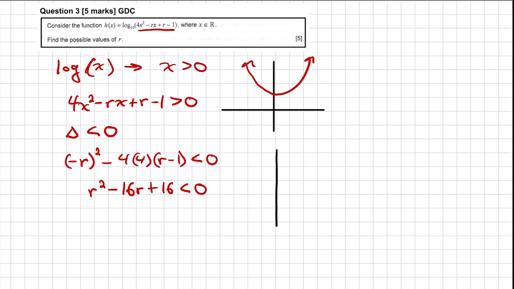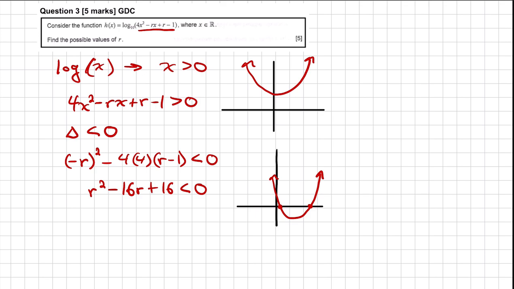So if I do another quick sketch, you can go ahead and use your GDC for this, but your quadratic is going to look something like this. We've got another upward opening quadratic, and we're looking to find those zeros.